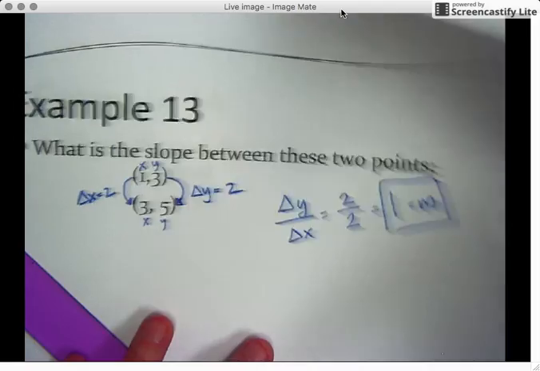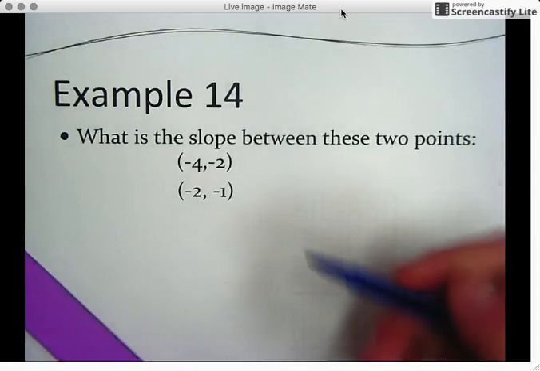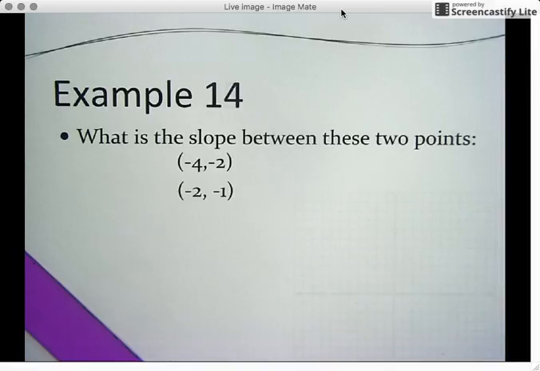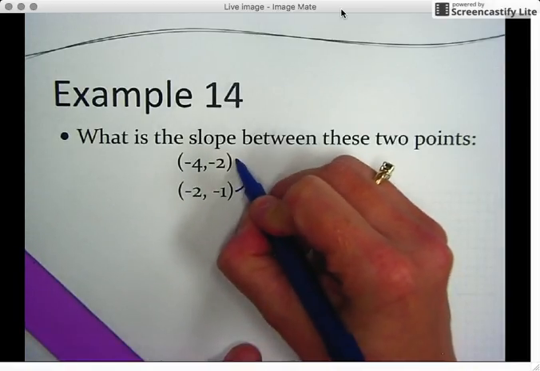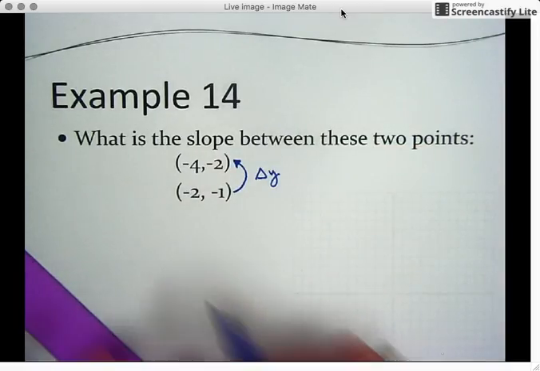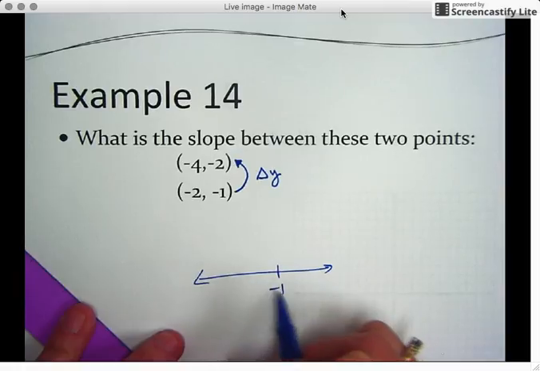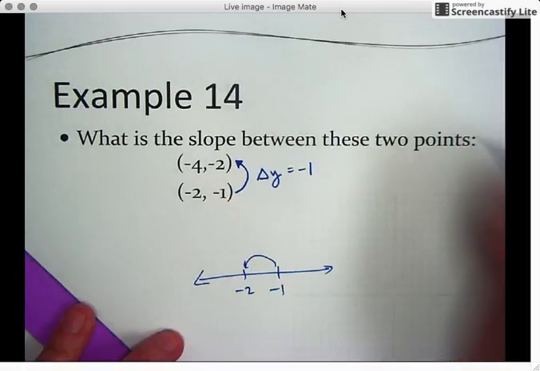Okay, so take a look. I have another one. It doesn't matter which direction you go as long as you do them both in the same direction. Let's do this one. From -1 to -2, the change of y. Think about it on a number line. When I go from -1 to -2, that's a change of -1.